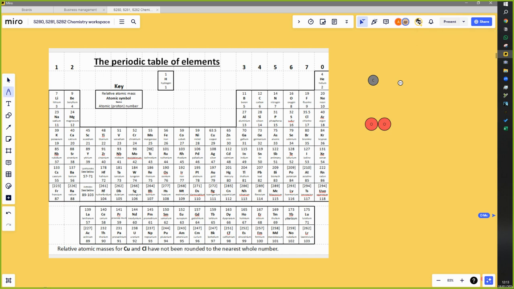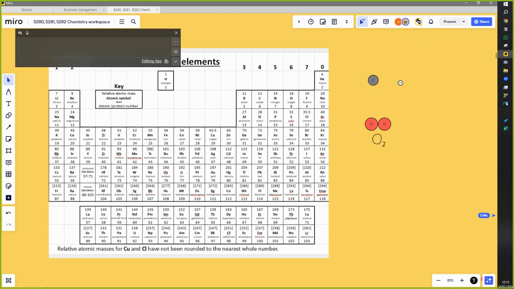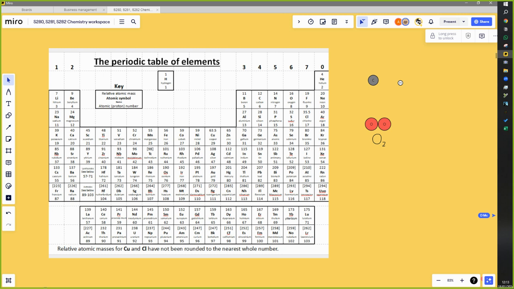The symbol for oxygen is O, as we see here. And to represent an oxygen molecule, I can write O2. This little 2 here tells me the number of oxygen atoms within this oxygen molecule. So that could go with that there.